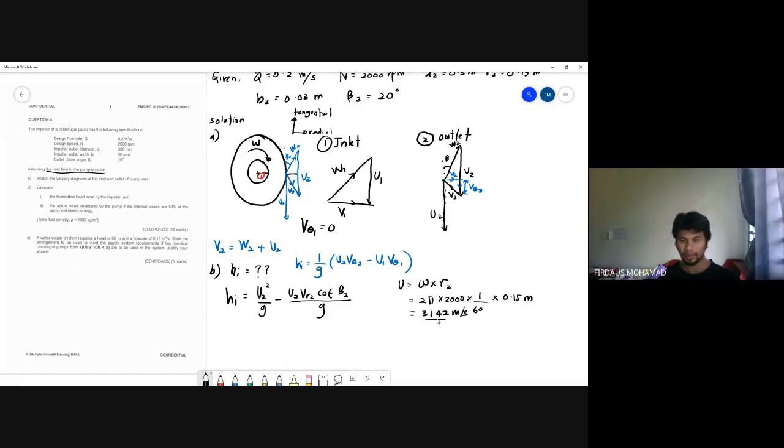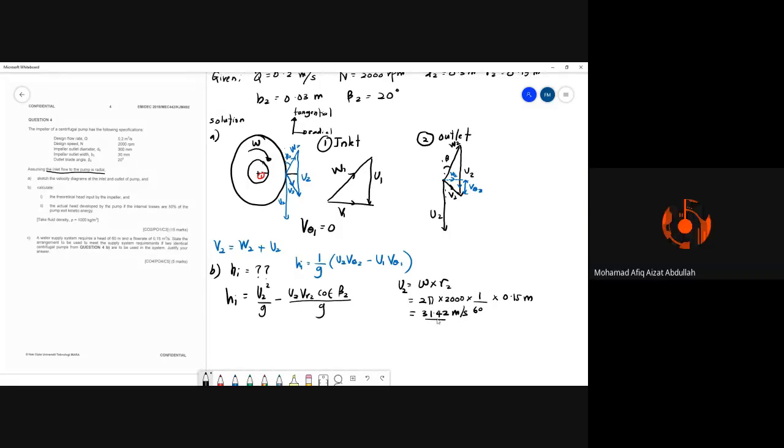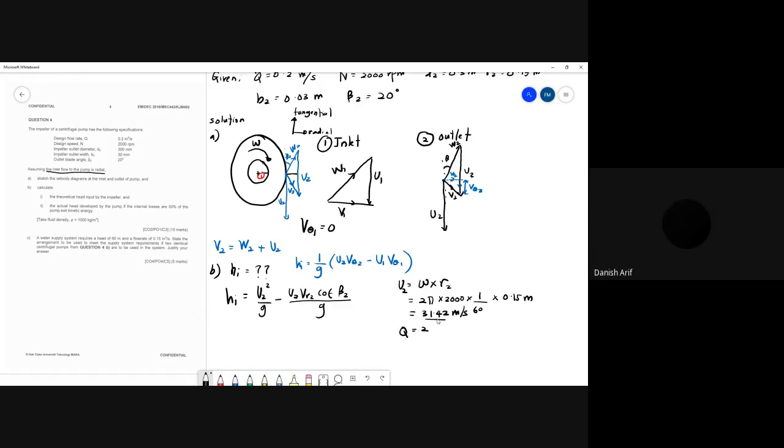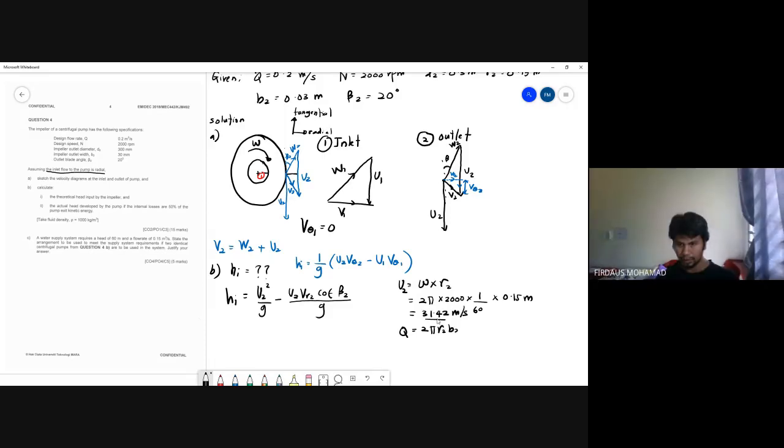Okay, so we got U2, and then we need to find VR2, betul? So how to find VR2? Based on flow rate. So flow rate Q equal to 2 pi R2 B2 darab dengan radial velocity VR2.